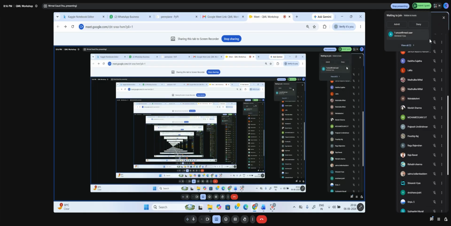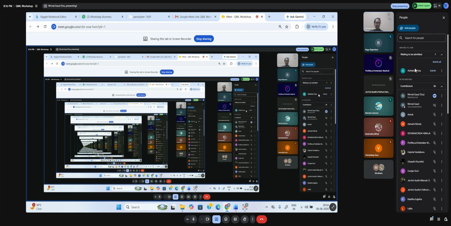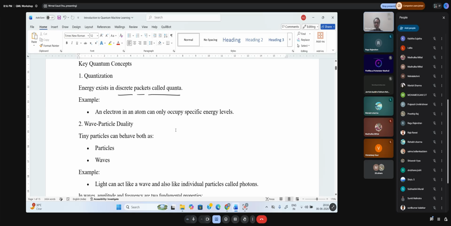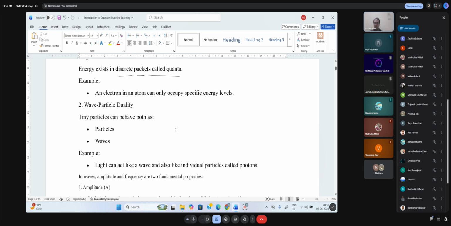Therefore, quantization is energy packets, energy levels. That's what I'm calling quanta. An electron in an atom can occupy a specific energy level. In chemistry, we define all those levels as 1s2, 2s2, 3p6, if you remember. You studied in 11th and 12th standard.